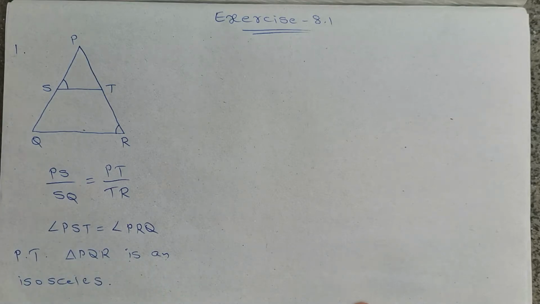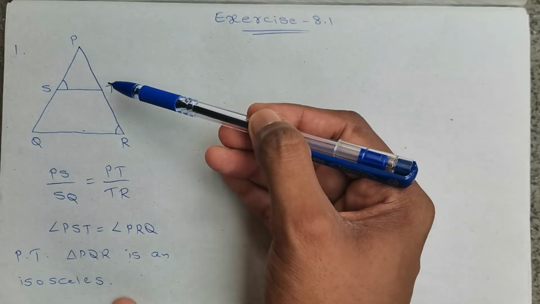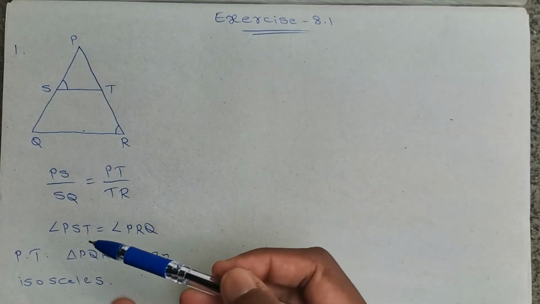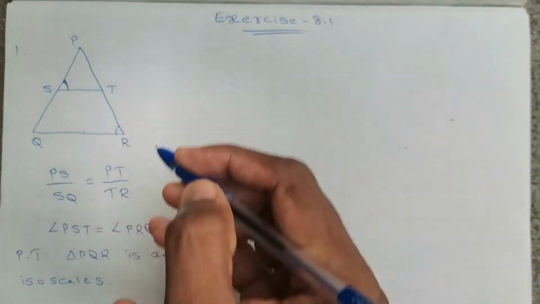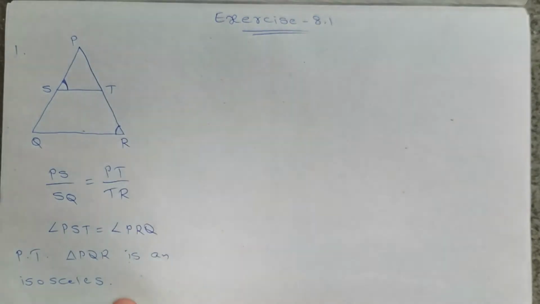So he gave one triangle PQR and he clearly mentioned PS by SQ is equal to PT by TR, and he also said angle PST, this angle, is equal to PRQ, this angle.